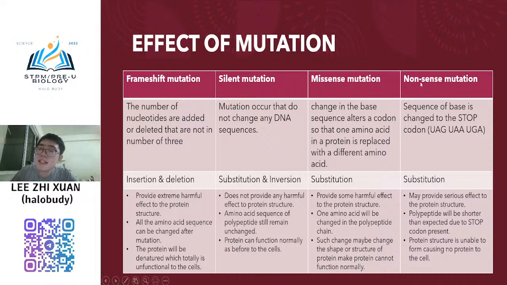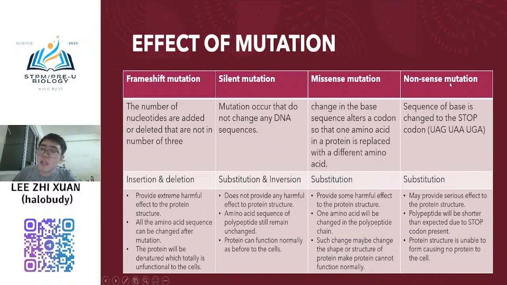Another one, nonsense mutation. Nonsense is when the sequence changes to a stop codon, either UAG, UAA, or UGA, directly. It changes and then goes directly to the stop codon. So maybe this mRNA in a normal situation can produce maybe 1000 amino acids.